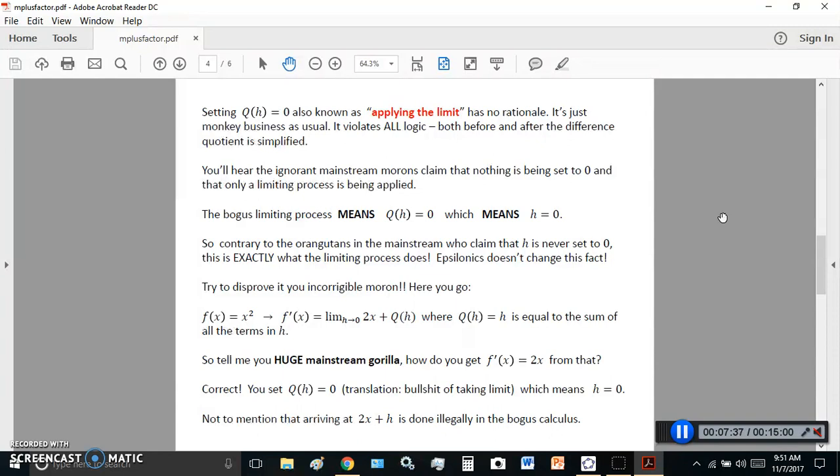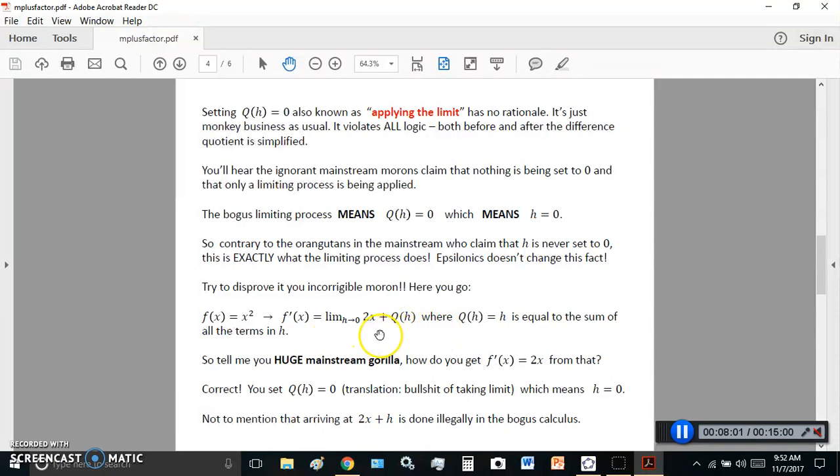In fact, for you to even simplify the finite difference in the bogus mainstream calculus, you have to divide by a 0 factor. Okay, the 0 factor is h. Epsilonics changes nothing. Now, try to disprove it, you incorrigible moron. Here you go. All right, use the function x squared.